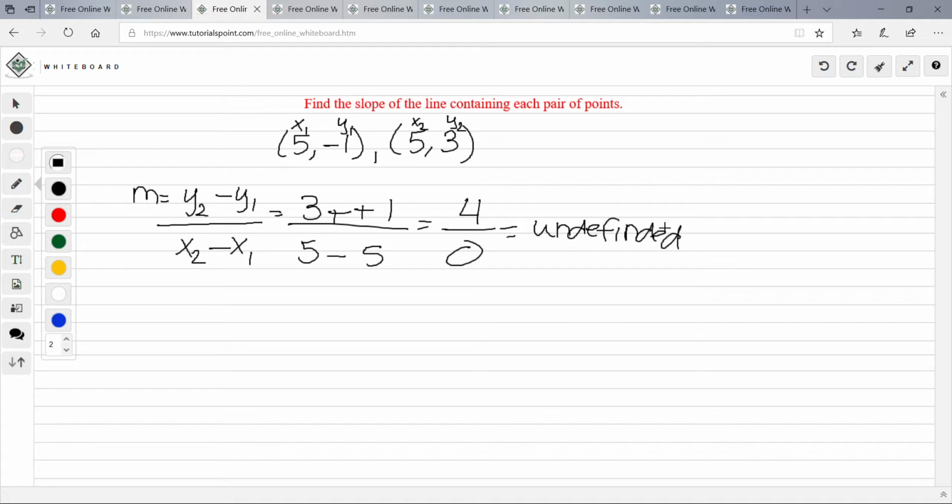Not to be confused with 0 over 4, which would be 0. If you ever get confused, you can put it in the calculator. If you put 4 over 0 in the calculator, it would say error. If you put 0 over 4, you would get 0. So our slope is undefined, or no slope. That's how you find slope.